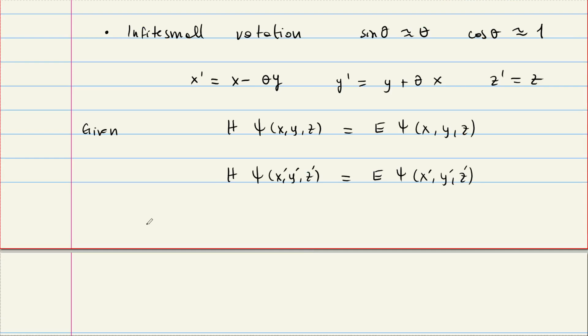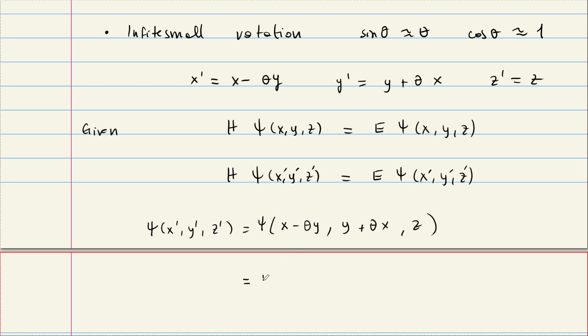So this psi(x', y', z') is equal to, we just have psi(x minus theta y, y plus theta x), and z' is equal to z. And I'll do the Taylor expansion.